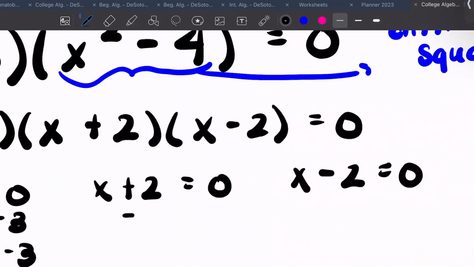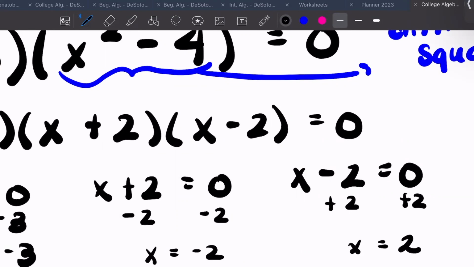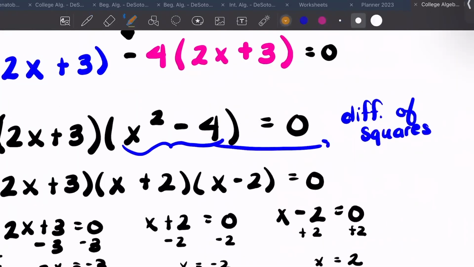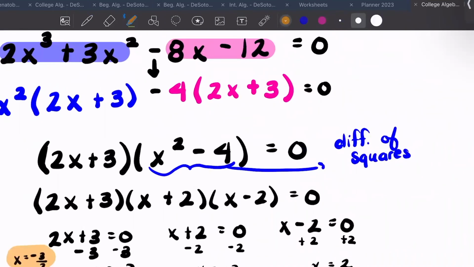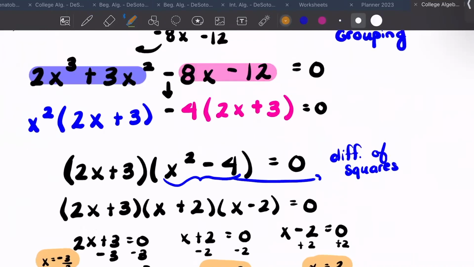I'm going to subtract 2 from both sides and get x equals negative 2. I'm going to add 2 to both sides. X equals positive 2. Okay, so I got negative 3/2, negative 2, and 2 as my answers.